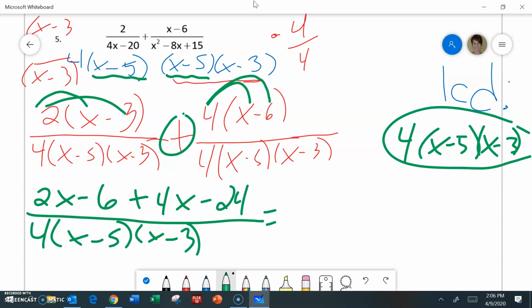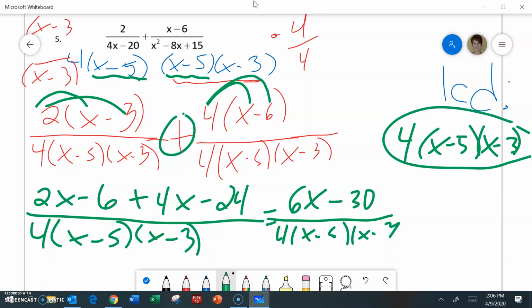Now let's actually add the top. We have 2x plus 4x, which is 6x, and a minus 6 and a minus 24 would be minus 30. I'm going to write that over my common denominator.